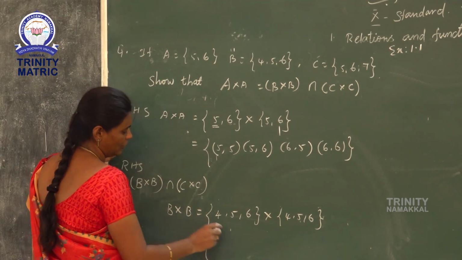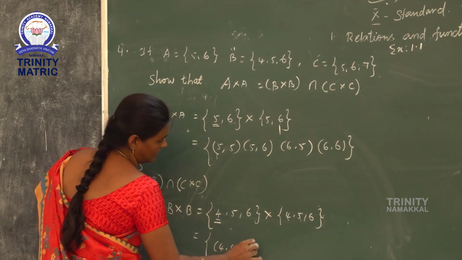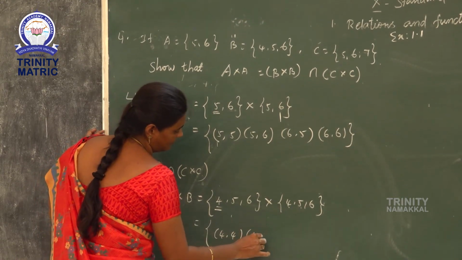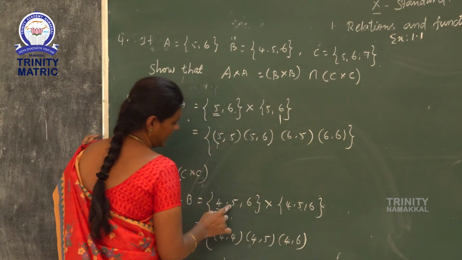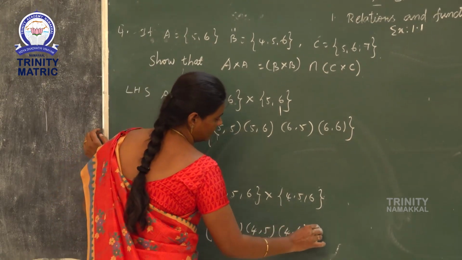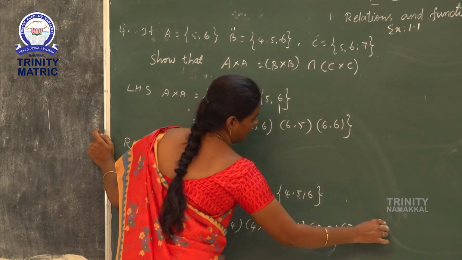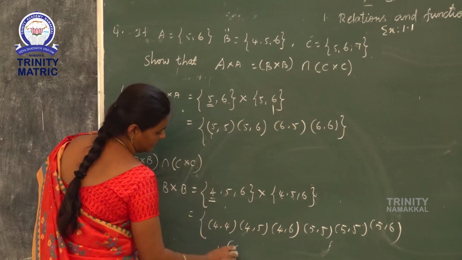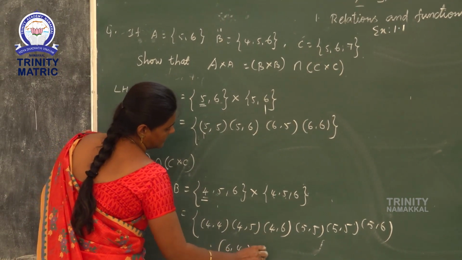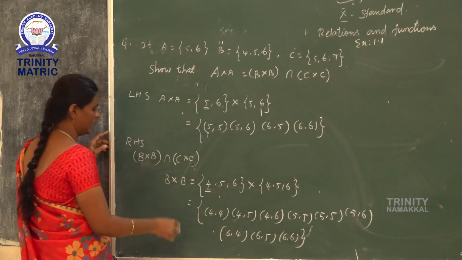Now we write B cross B. We take the first element: 4, 4, then 4, 5, then 4, 6. Next we take 5, 4, 5, 5, 5, 6. Then the third element with each element: 6, 4, 6, 5, 6, 6. This is B cross B.